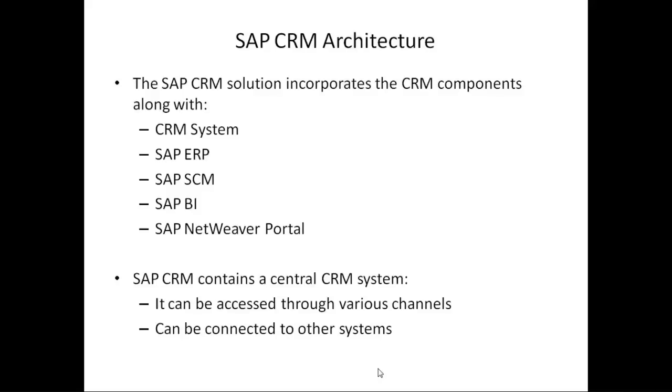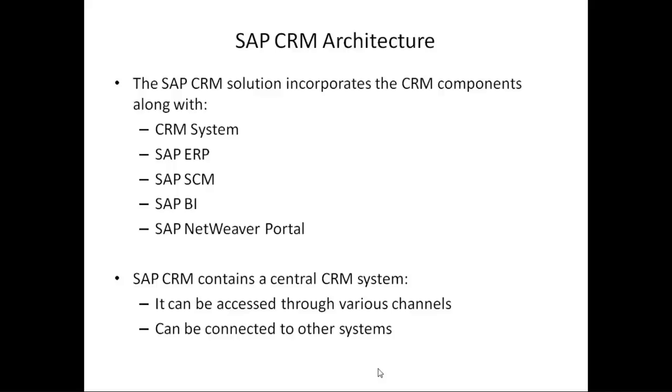As we have seen, the central CRM server will be connected with SAP ERP, SAP SCM, SAP PI, and SAP NetWeaver portal. This central CRM server also consists of the business data in order to work with the SAP CRM application in WebUI. This central CRM server and its CRM data can be accessed by various channels, that is the interaction center, web channel, and mobile client or handheld devices.